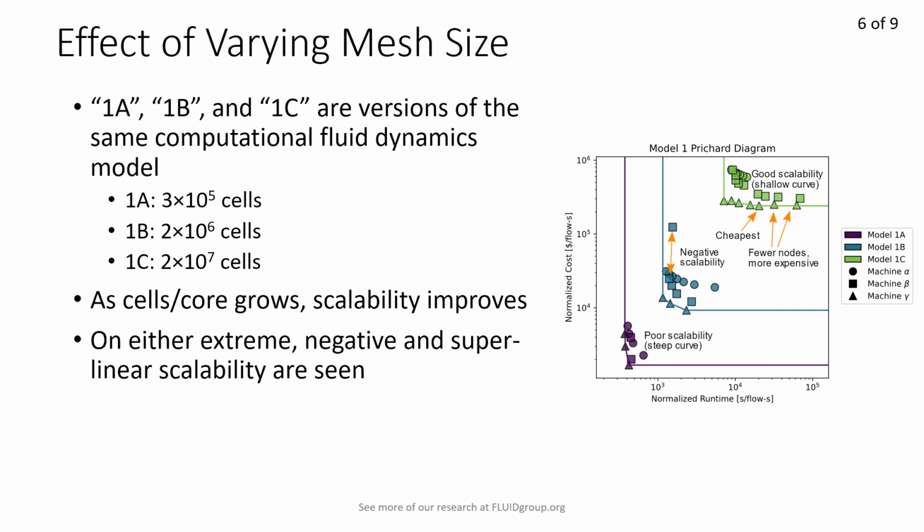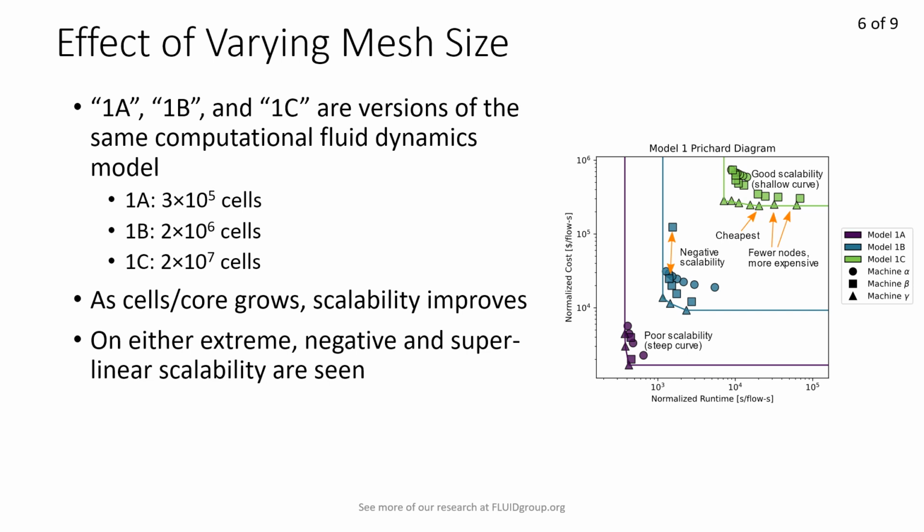Let's quickly take a look at the Prichard diagram applied to 3 different meshes of the same computational fluid dynamics model. Model 1A is a version of the model with 300,000 cells, model 1B has 2 million, and 1C has 20 million. We can see by looking at this, as we would expect, that as cells per core grows, scalability improves.